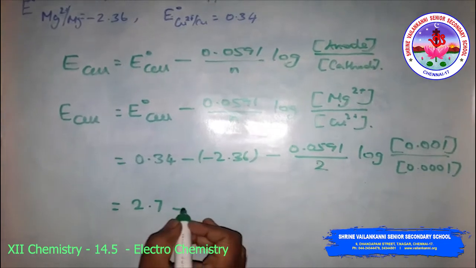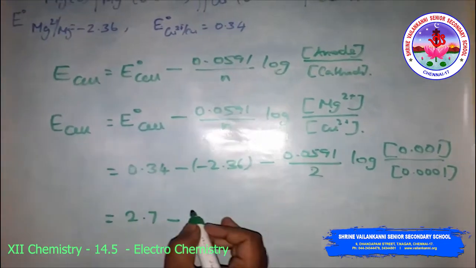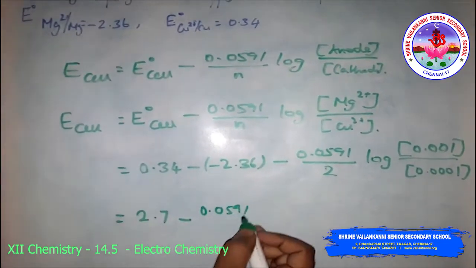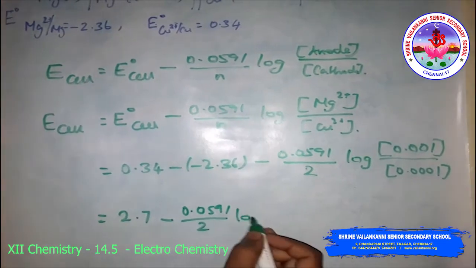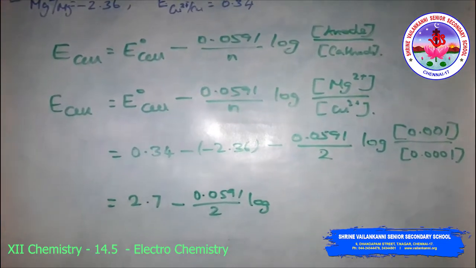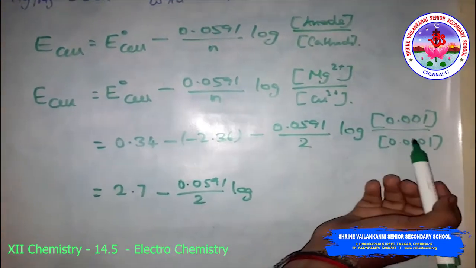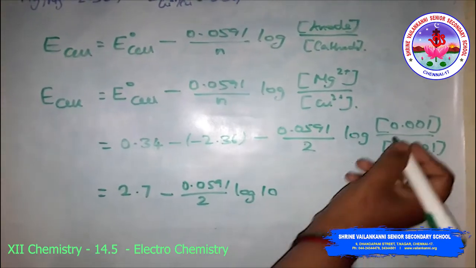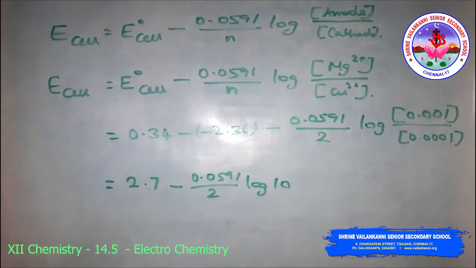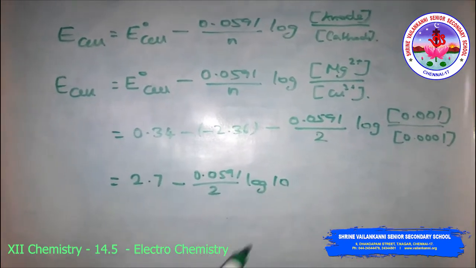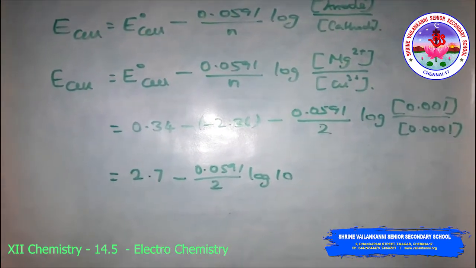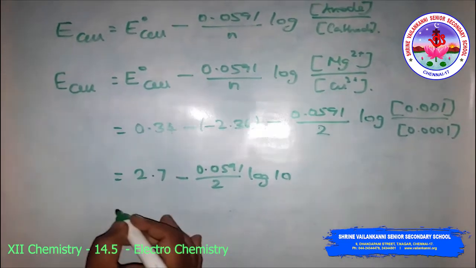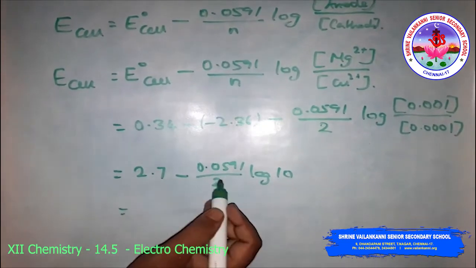2.7, minus 0.0591 divided by 2 into log of, after simplifying, 10.